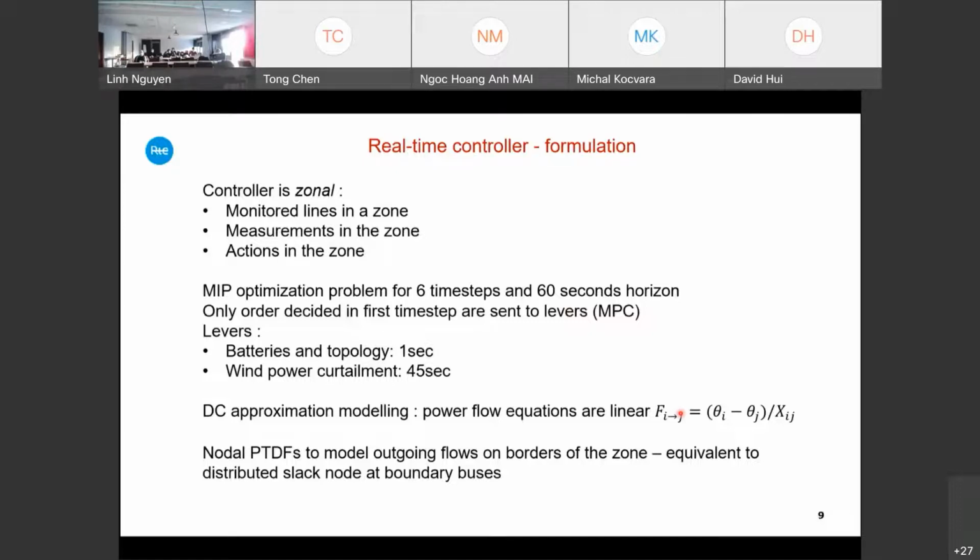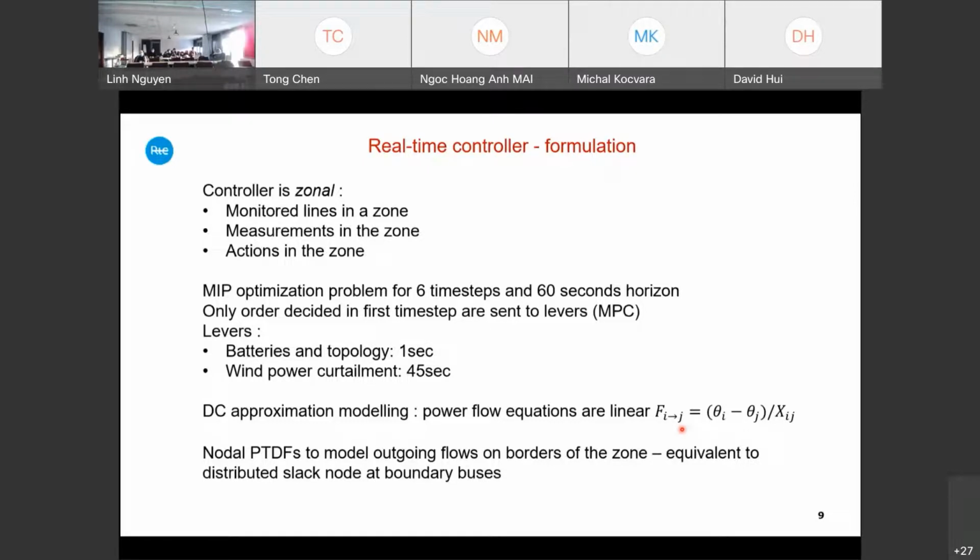Here, maybe a word. You may remember the complex equations of the flow on the line. Here, we use the DC approximation, which is linear. So the flow here is a real variable, megawatts only. The voltage is assumed to be constant.